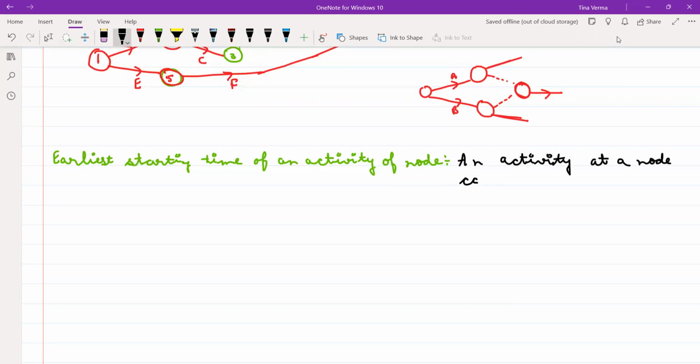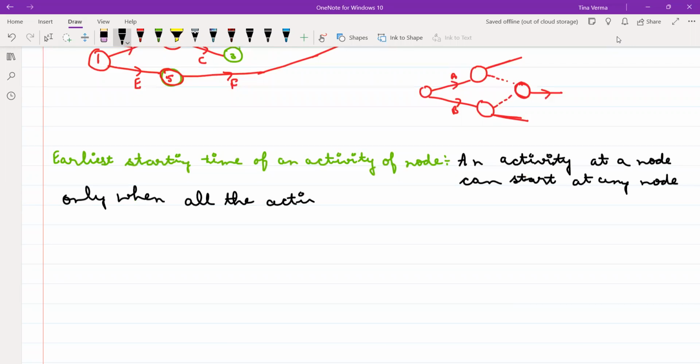An activity at any node can start only when all the activities reaching at that node will be completed.